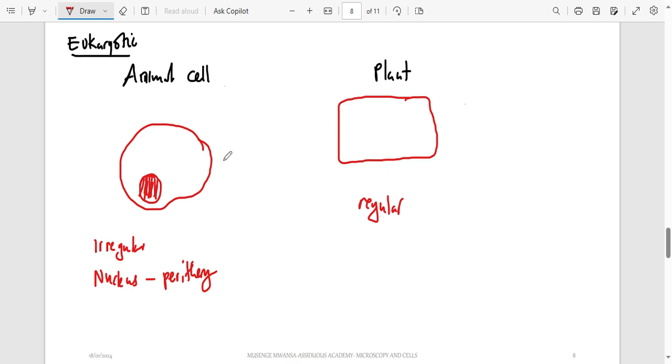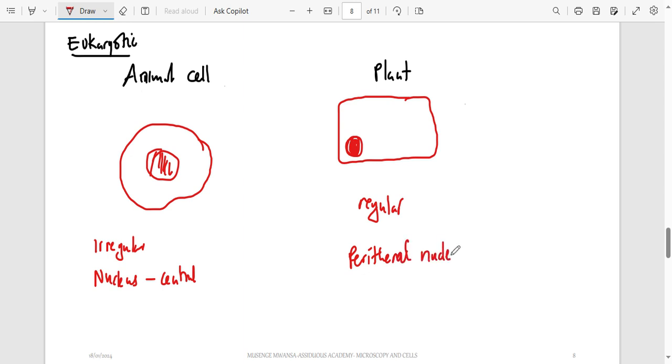Now, here I've changed this. The nucleus will be the one on the center, a centrally placed nucleus. And then in a plant cell, the nucleus will be the one on the periphery. You can also say peripheral nucleus, meaning the nucleus is not on the center.